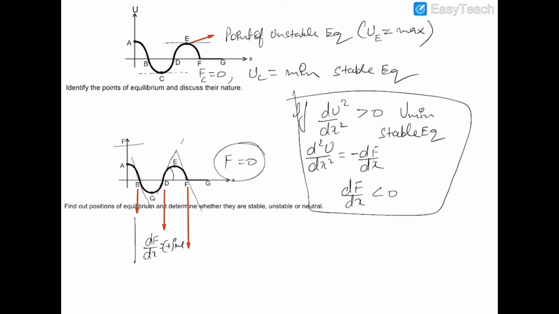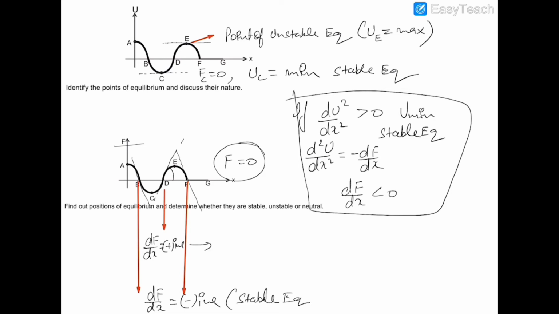So at these 2 points df by dx is negative, which means that these points B and F are the points of stable equilibrium, and this point where df by dx is positive is the point of unstable equilibrium.